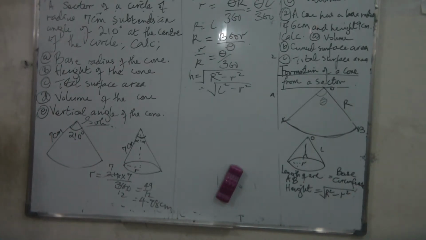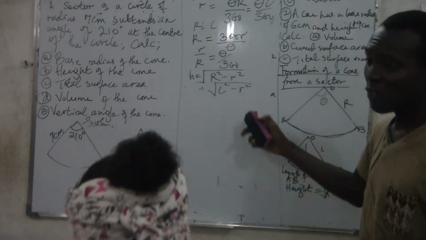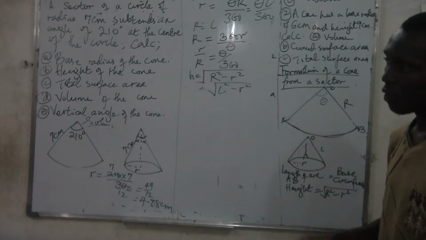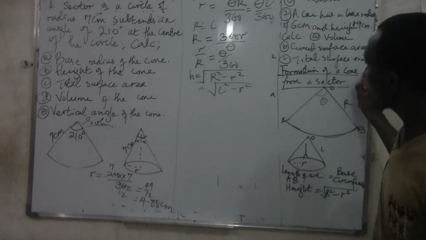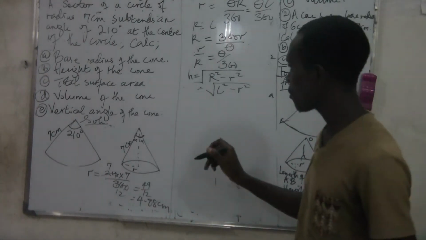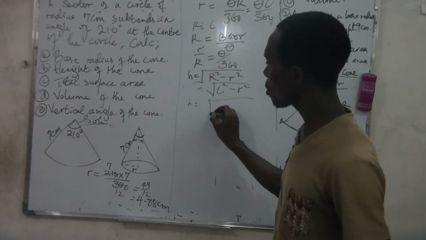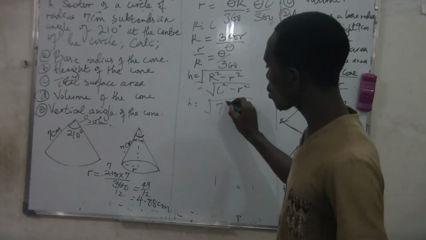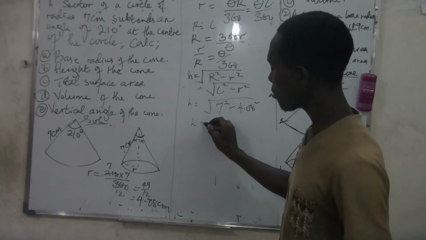The next thing we'll look at is the height of the cone. We said the height of the cone by calculation is equal to the square root of the difference between the slant length and the radius of the cone. We've already gotten the radius of the cone. So permit me to use this part of the board. h is equal to the root of the slant length, which is the radius R, 7 squared minus 4.08 squared.